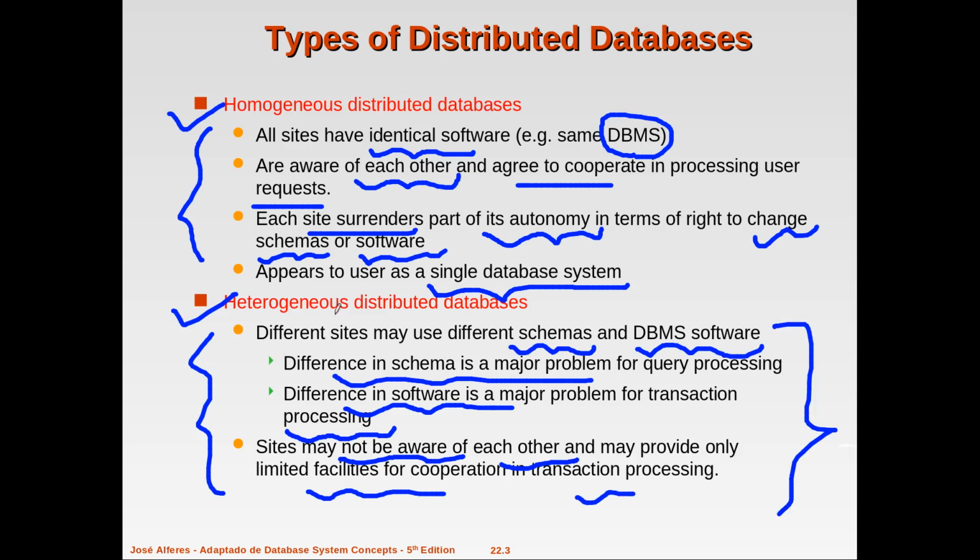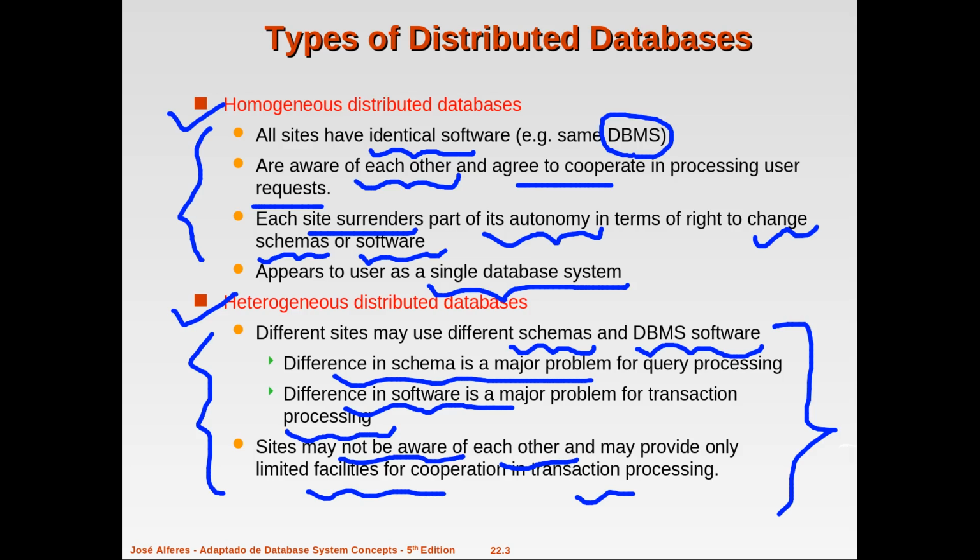Heterogeneous ones are actually needed because we cannot say that a site that maintains a database in a country cannot be similar in the case of the data stored in some other country, but they need to have some communication for the transaction purpose.